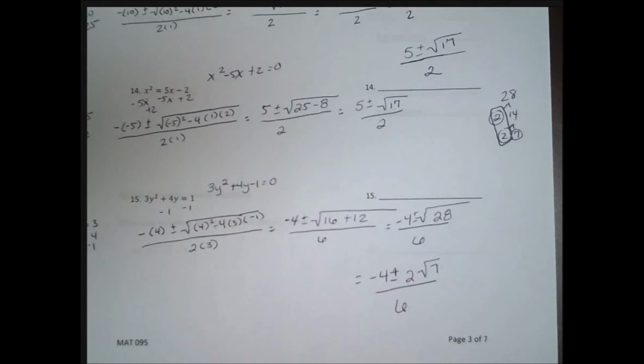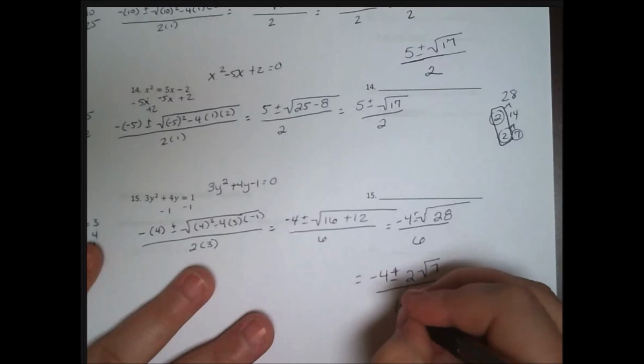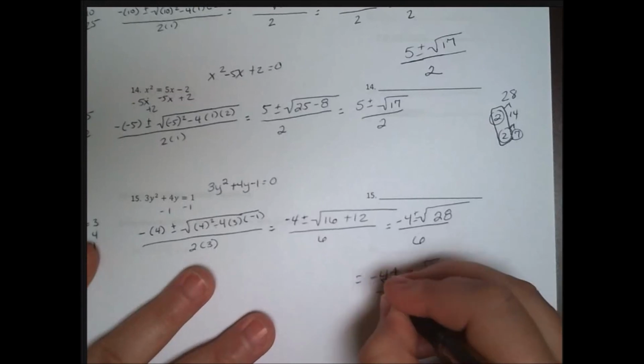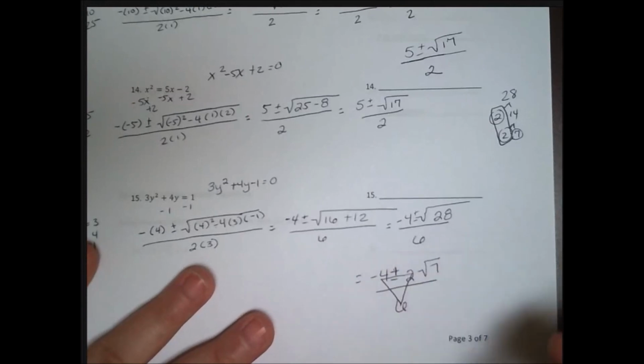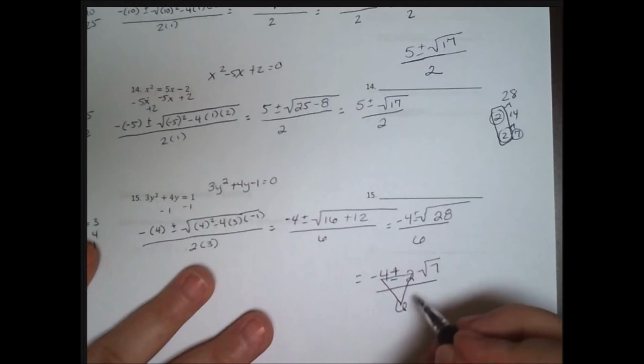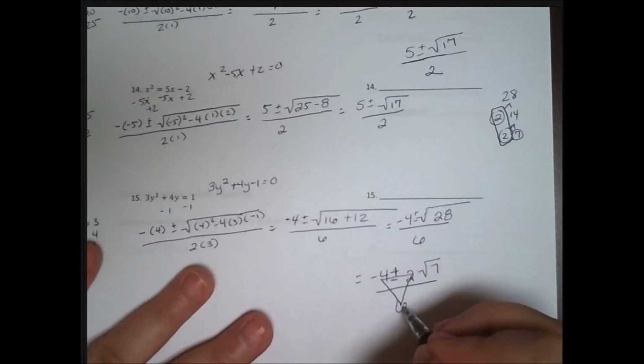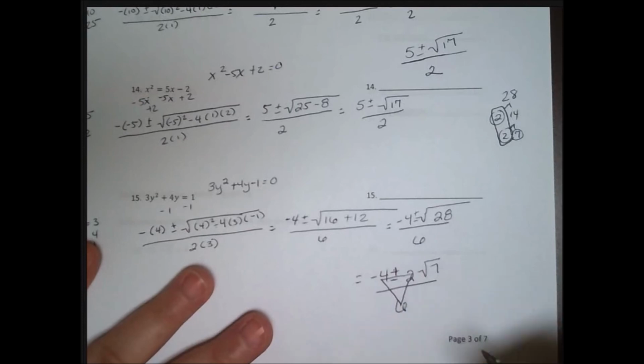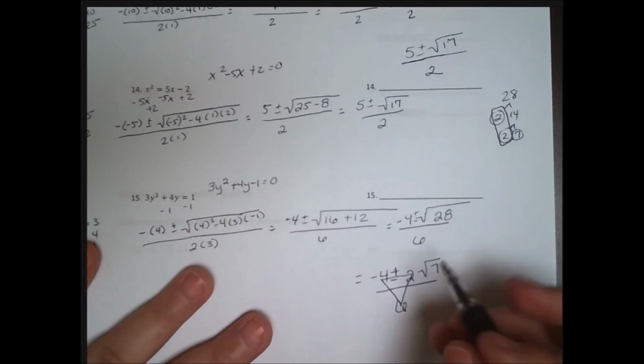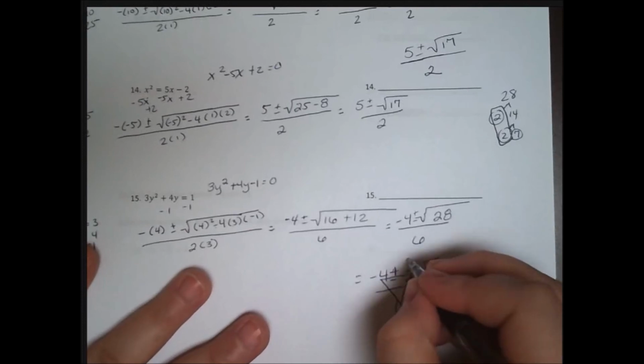Now one other thing that we learned is that we can use this little triangle concept where if you have a number that divides into all 3 numbers in this triangle, then it simplifies. But let's say that this had been a 3.